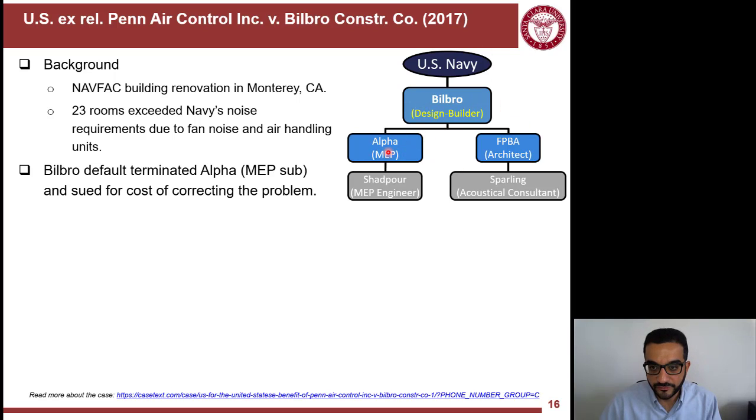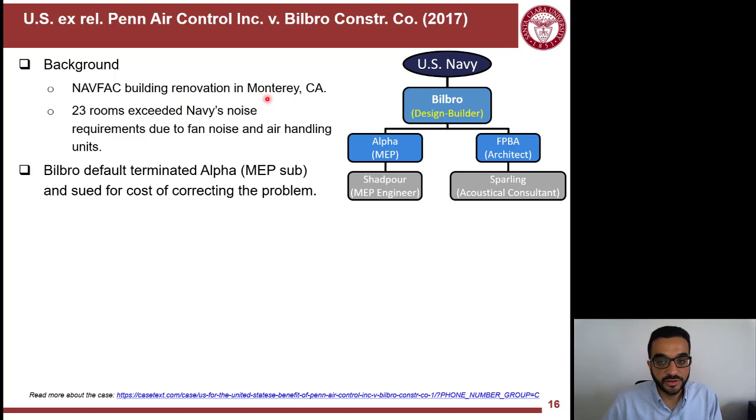They had Alpha, one of the Penn Air Control companies, and it was actually Alpha who was damaged here. Alpha had a MEP engineer as a sub-consultant. Bilbro had a prime-sub relationship with the architect, and the architect had an acoustical consultant. This was for a Navy facility.